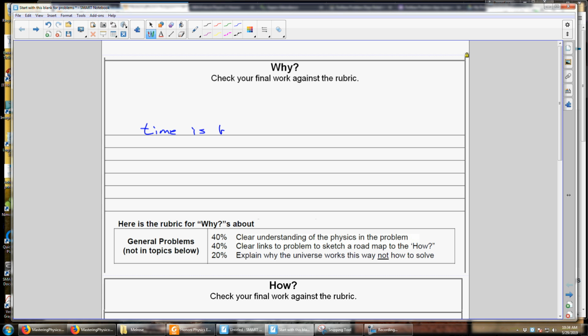Time is based on your frame of reference.